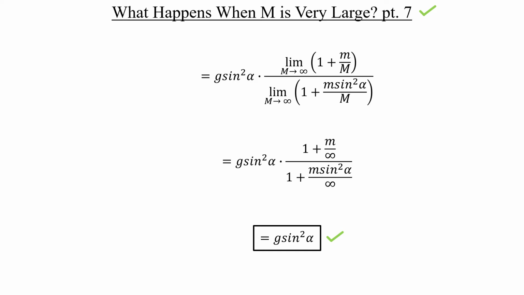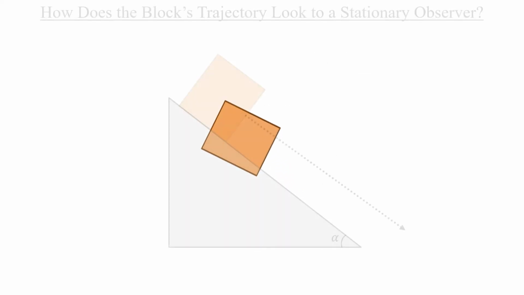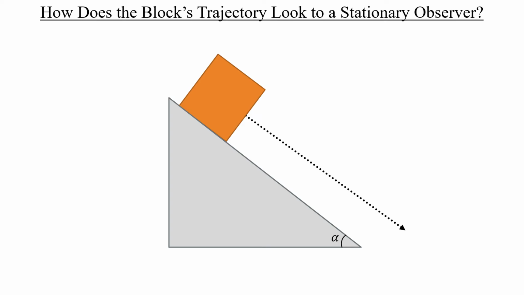Now we need to show what the trajectory would look like. We've all seen the trajectory of a regular block sliding down a massive inclined plane. You know, it looks like this. And I've mentioned a couple times that the acceleration vector in that situation is g times the sine of the angle, in this case, alpha. But in this situation, we have the wedge underneath accelerating in the minus x direction while the block is moving.